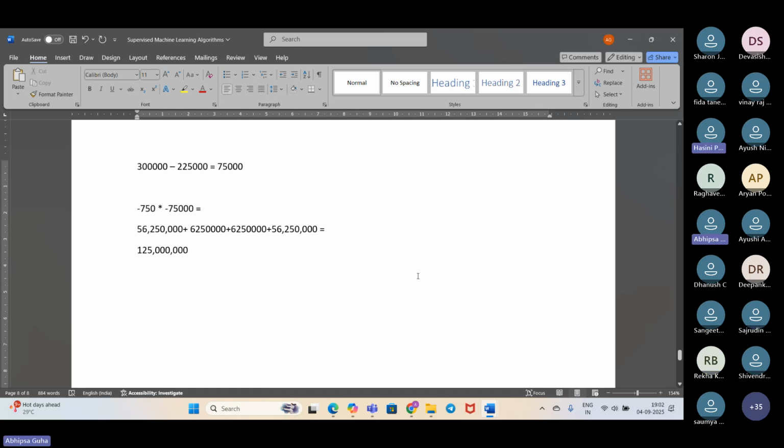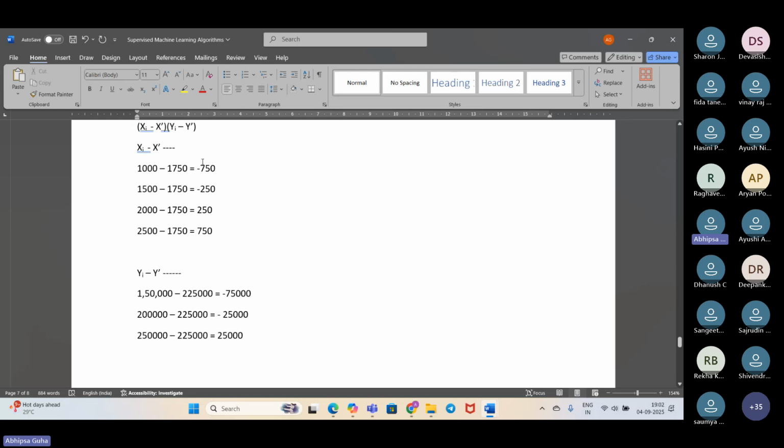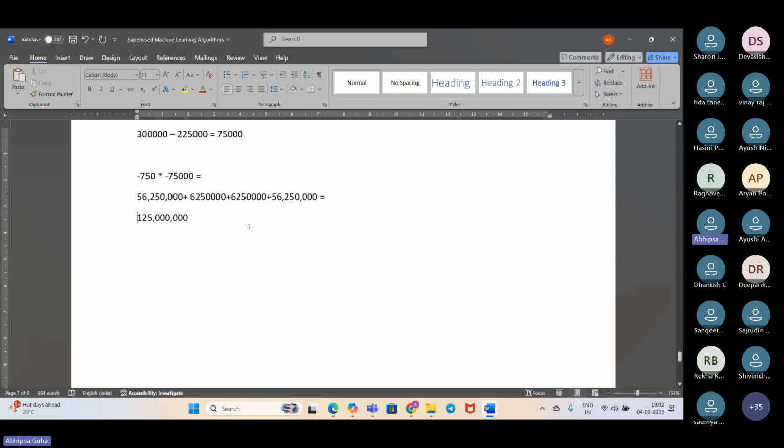Yes, ma'am. Okay, fine. So in a similar way we need to do x minus x bar square. We already have the value of x minus x bar, so we need to square it up, like 750 into 750, and again 250 into 250. In this way we will be getting the value of x minus x bar square.